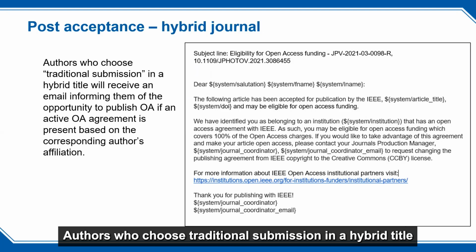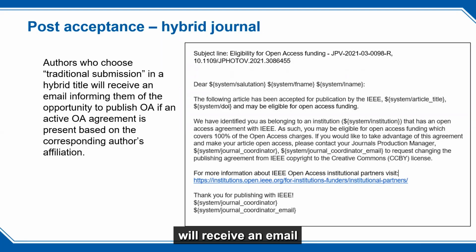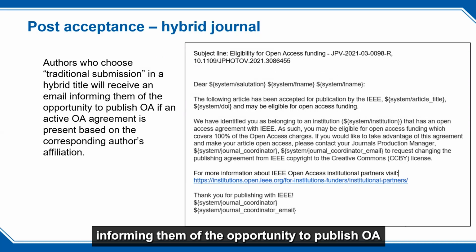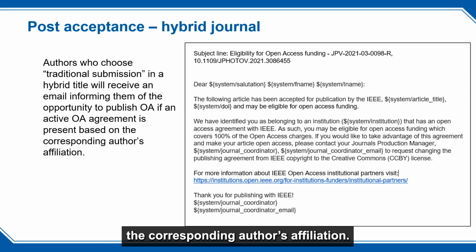Authors who choose traditional submission in a hybrid title will receive an email informing them of the opportunity to publish OA if an active OA agreement is present based on the corresponding author's affiliation.